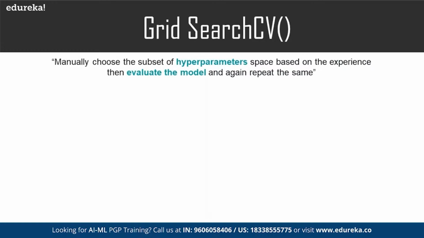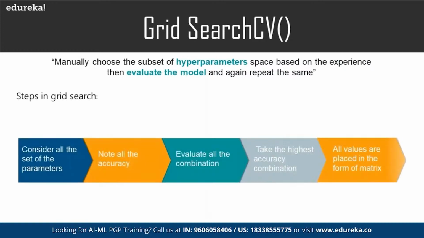So we move grid-wise: we consider the set of parameters that are needed, note all the accuracies yielded with the different sets of parameters, evaluate them by combining all of them, and then take the highest accuracies from the combination.